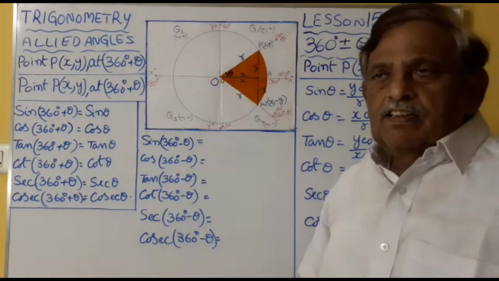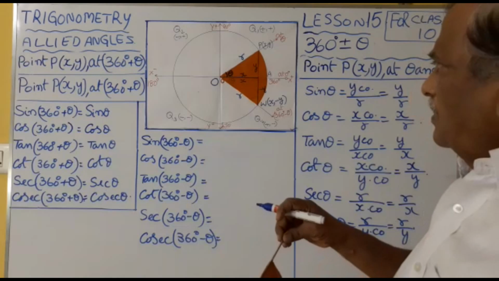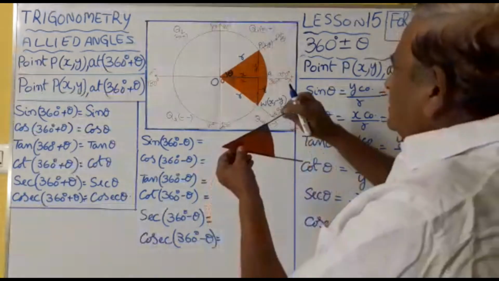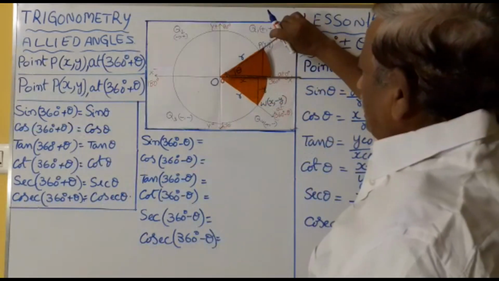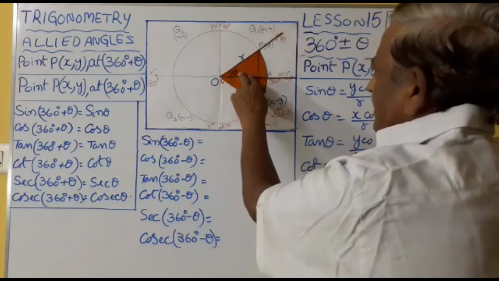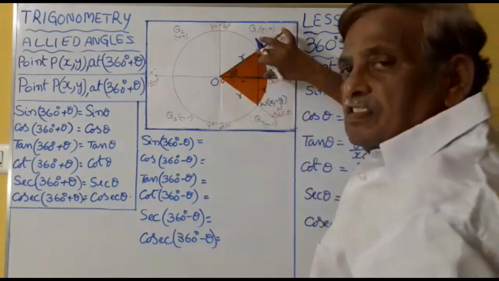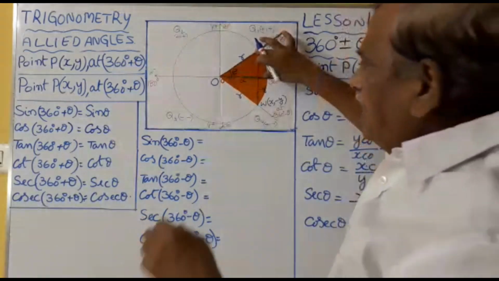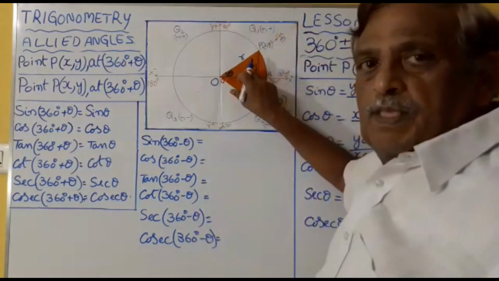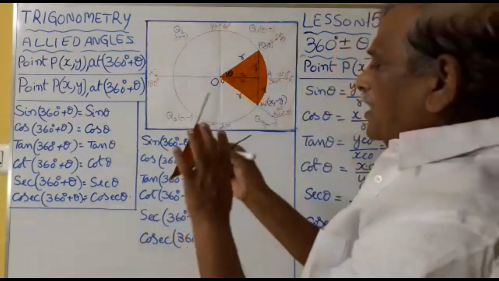Here, an identical sector is placed. Place the sector on OAP and test for identity. The edges of the sector coincide with the sector on the board. Therefore, these two are identical.